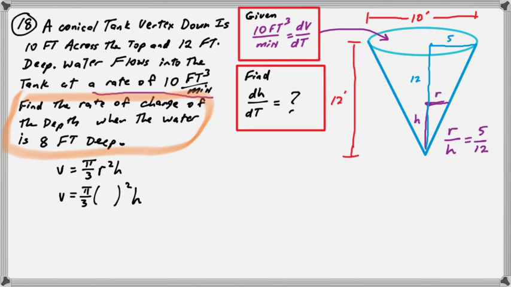I'll say it again. Little radius to little height as big radius is to big height. If I solve this for r, I'd cross multiply because when you have two fractions equal to each other, you can. And you get r to equal 5/12 h. So I put in 5/12 h.